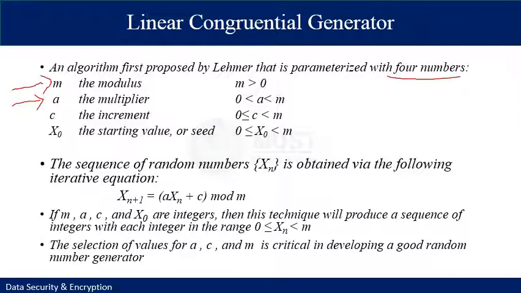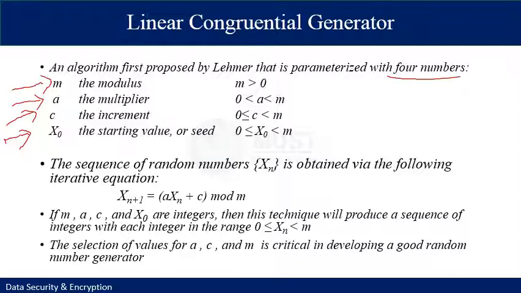Then there is c, which is a constant increment, which should also be in the range from 0 to m. Then we have a starting value referred to as x0. It can be a starting value or seed, and it also ranges from 0 to the modulus m.